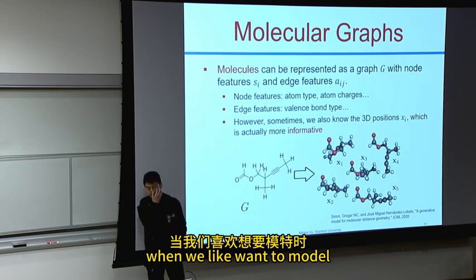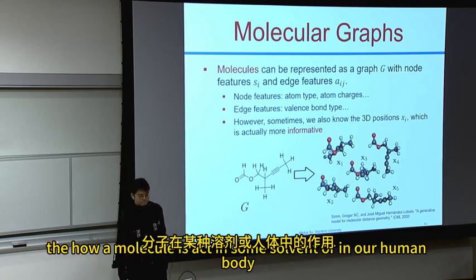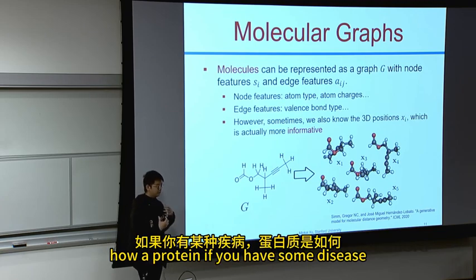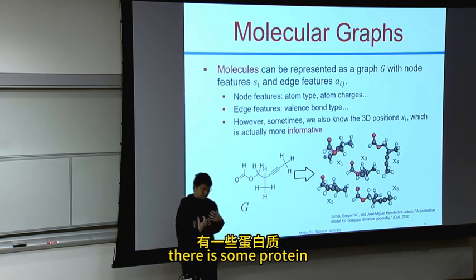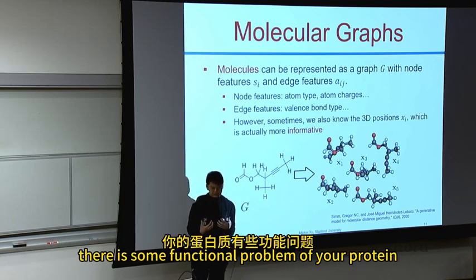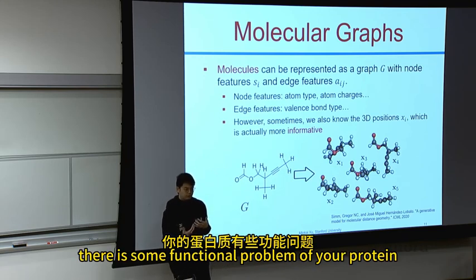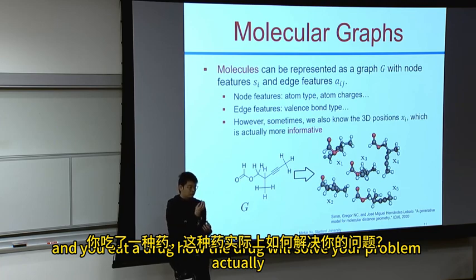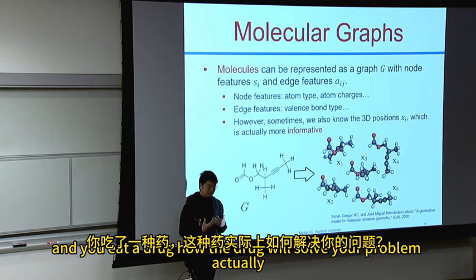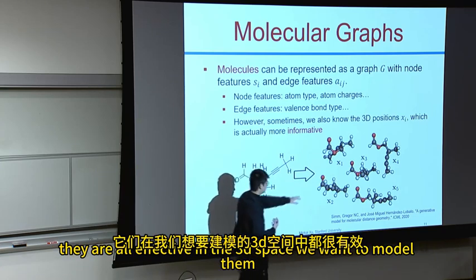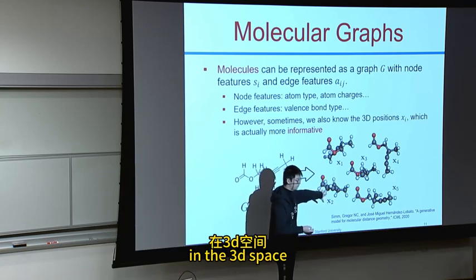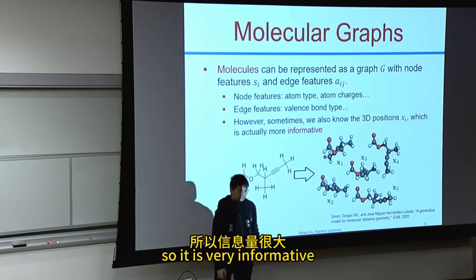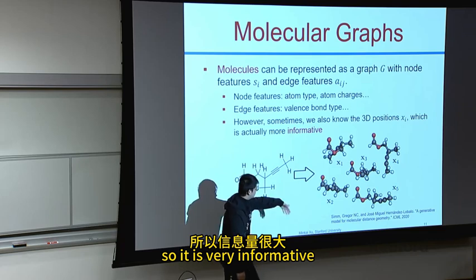For example, when we want to model how a molecule acts in some solvent or in our human body, if you have some disease, there is some functional problem of your protein, and you eat a drug, how the drug will solve your problem. Actually, they are all effective in the 3D space. We want to model them in the 3D space. So it is very informative.